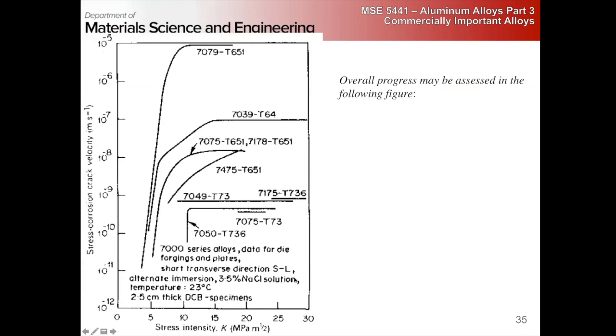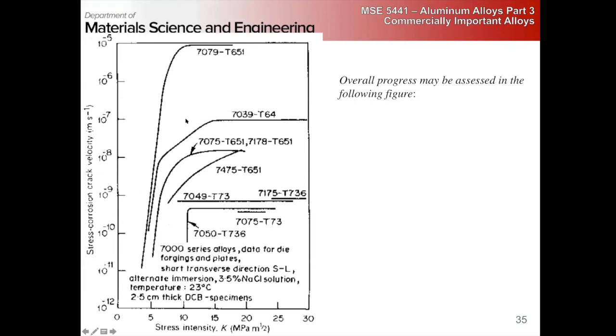Something I might give you is a chart like this, and compare it to the chart for the 2000 series, where the 2000 series all essentially plateaued at the same stress corrosion crack velocity but varied with respect to the stress intensity factor, versus the 7000 series, where we're much more localized with stress intensity but have different plateau rates.